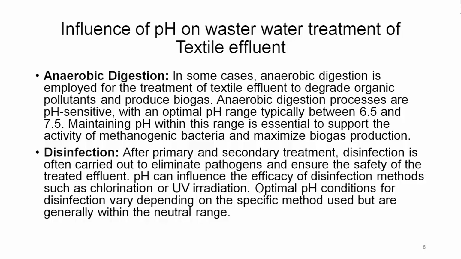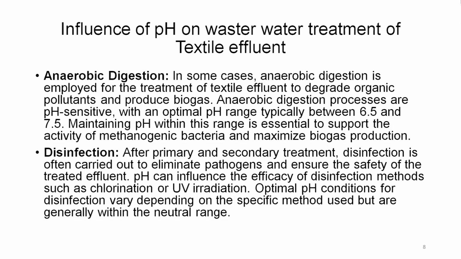Anaerobic digestion processes are pH sensitive, with an optimal pH range typically between 6.5 to 7.5, even lower than what we mentioned for coagulation and flocculation and for activated sludge. Maintaining pH within this range is essential to support the activity of methanogenic bacteria and maximize biogas production.